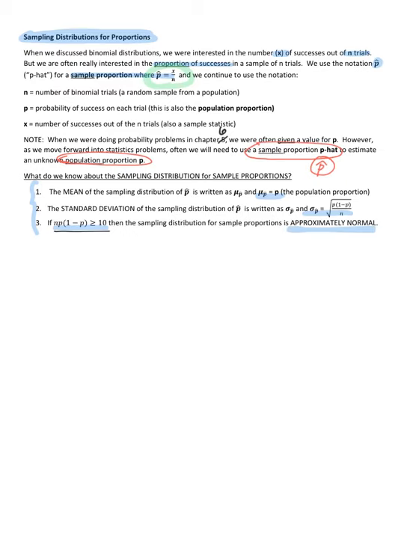Let's visualize this. Let's say you start with a population. How about people in California? Us. That's our population, a big population.